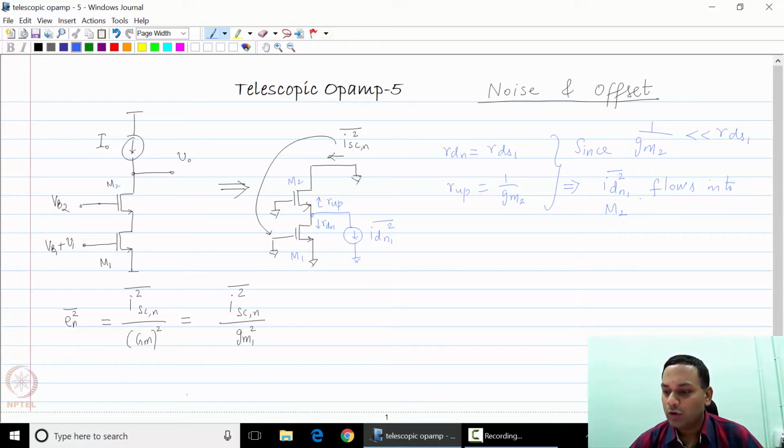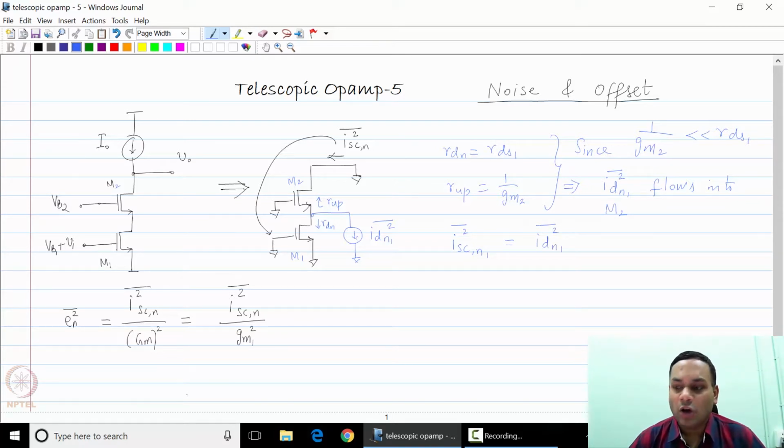The complete current flows through M2 and flows into the short circuit. Therefore, the first component of the noise, which I will call ISCN1 squared, is equal to IDN1 squared.